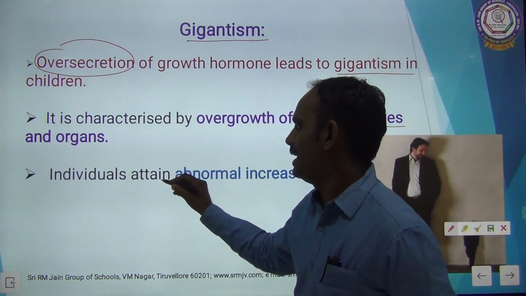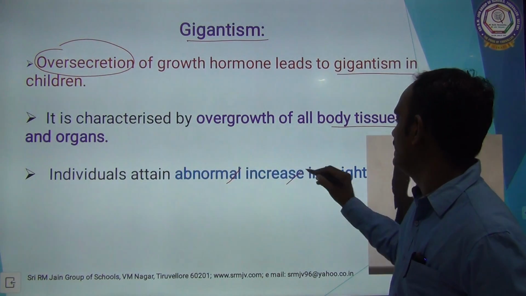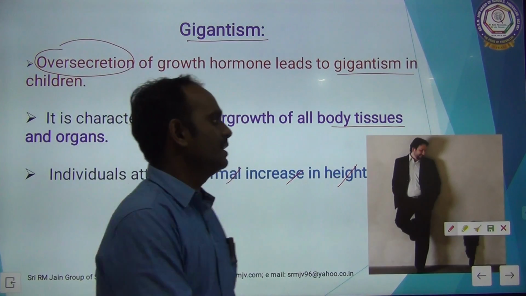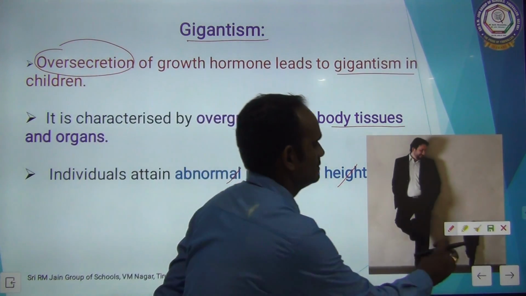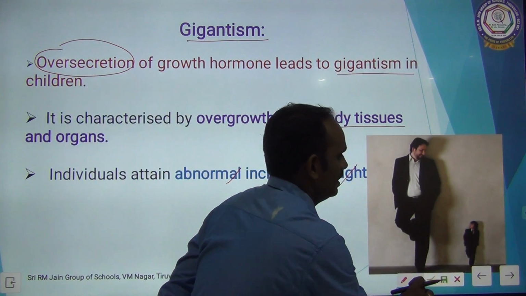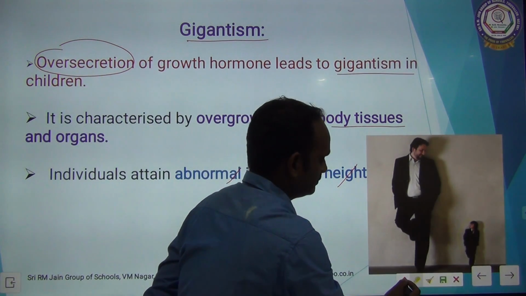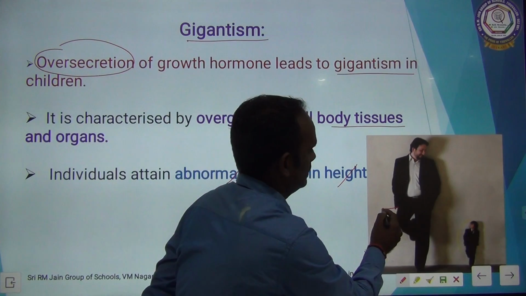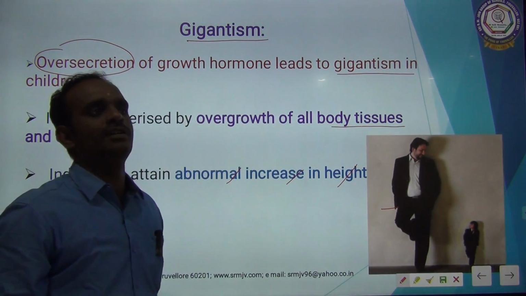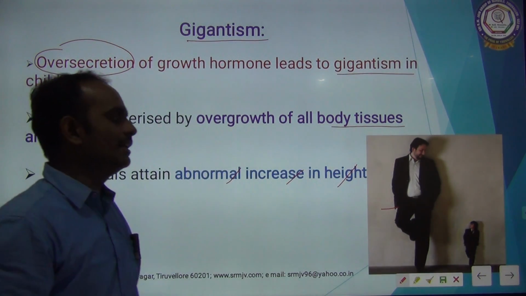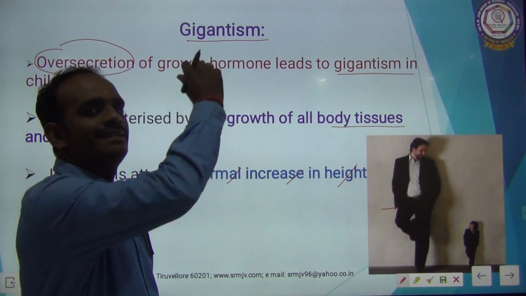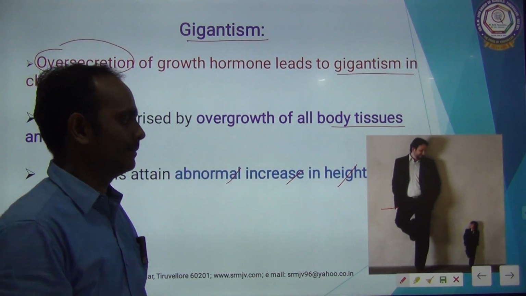The individuals attain abnormal increase in height. See the picture here. See the normal child and the abnormal child. Over secretion of growth hormone in children leads to gigantism. Okay.